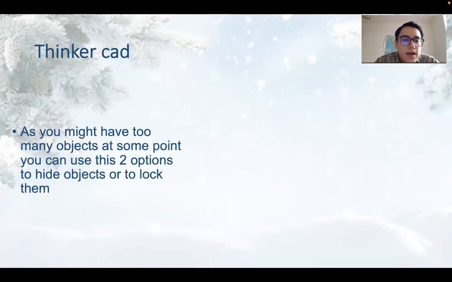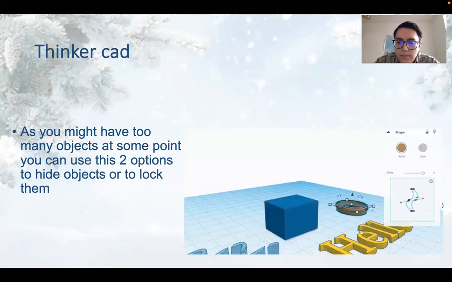As you might have too many objects at some point, you can use these two options to hide objects or to lock them. So this is the option to hide it or unhide it. And this lock symbol is for locking it, and you cannot edit it anymore.